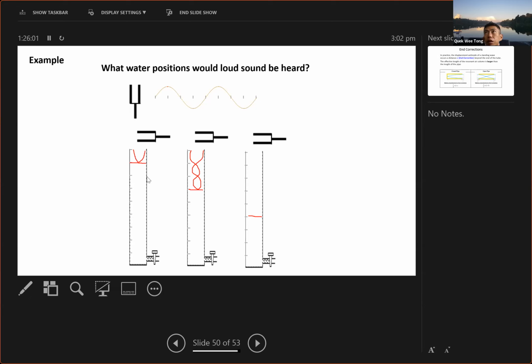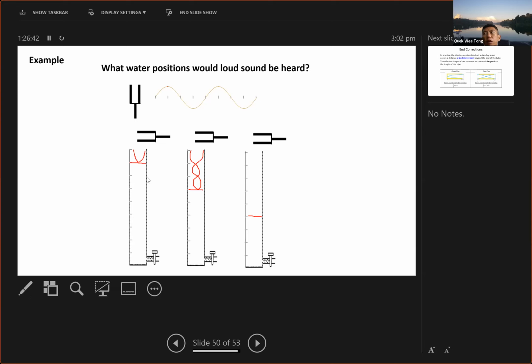So you can think of the entire air column as possessing a natural frequency. The air column can also vibrate as one. Then which air column will react to the sound? It will be the air column with a natural frequency equal to the natural frequency of the tuning fork. That will vibrate.